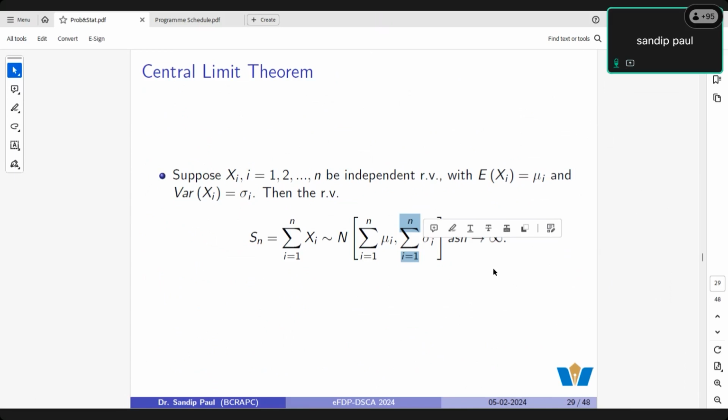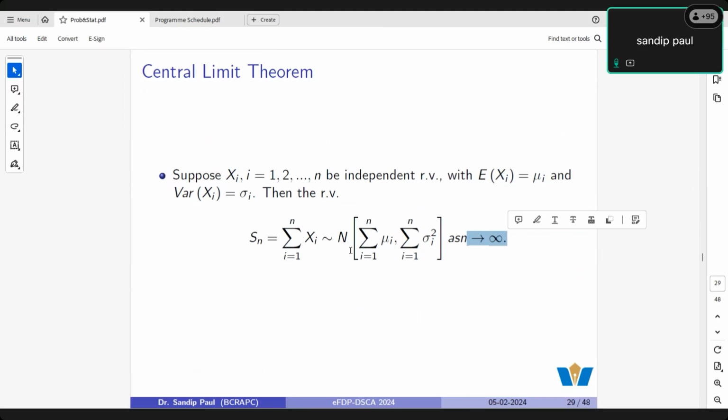Okay, so this is an important theorem we need later. If we consider this random variable as the sum of the variables, they will follow a normal distribution, but the condition is n must be very large or infinity. So if we consider n number or an infinite number of random variables and consider the sum of them, then they will follow a normal distribution.